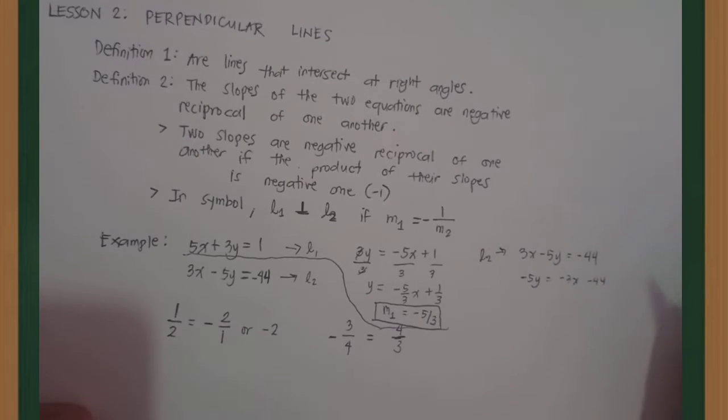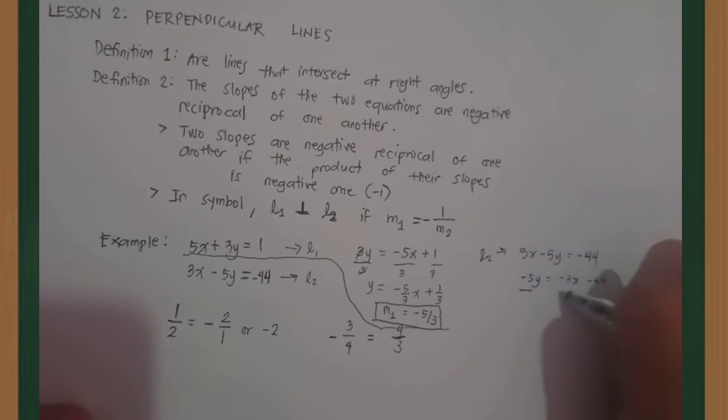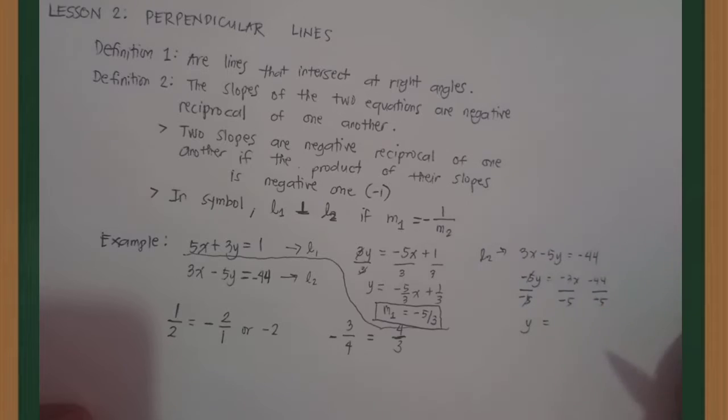Then divide by negative 5 on both sides. We get y equals negative 3 over negative 5, that's positive 3 over 5, x plus 44 over 5. So the slope of our second line is 3 over 5.